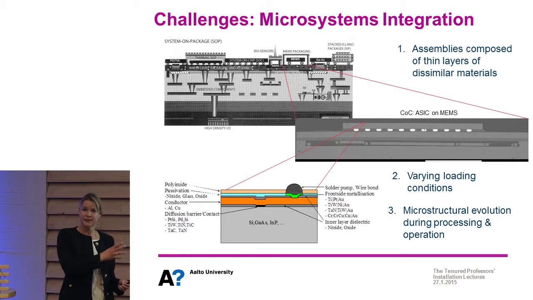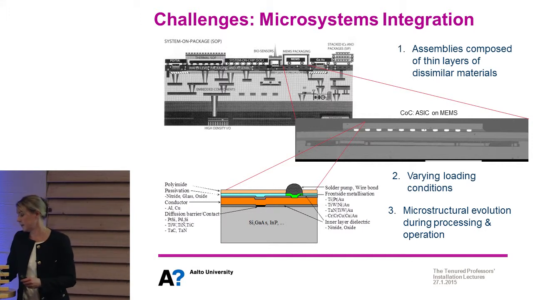And some of the materials that we're using in such assemblies happen to be such that they evolve during operation. So whatever you had in the first place after the fabrication might no longer be there after some period of operation.